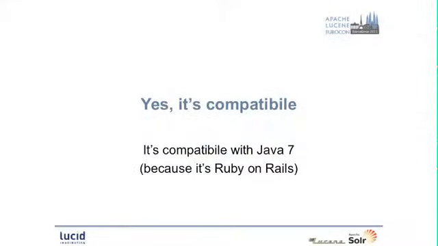So I thought this is somewhat relevant to the conference. Yes, it's compatible with Java 7, but only because it's Ruby on Rails. So yeah, just a quick reminder. We have some plans for the future.